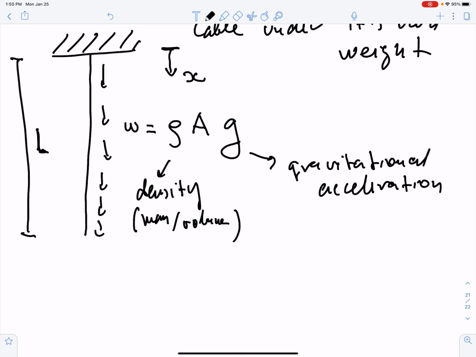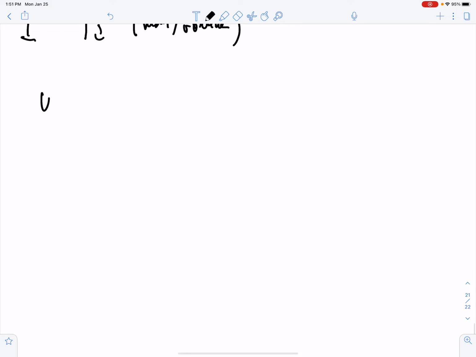Right. Then I can generate for you, hopefully, a displacement profile in the cable that satisfies this loading condition and the boundary conditions. Okay, we'll talk about that a little bit later. So then W of x becomes rho g A, and for a prismatic bar this guy is constant, so this is good.